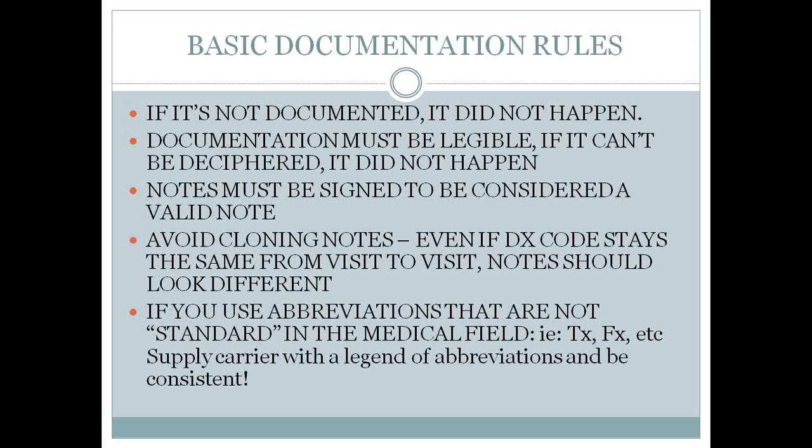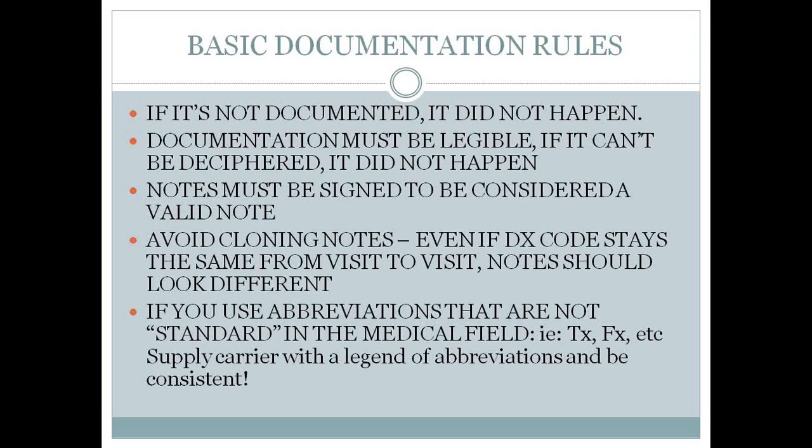Most of the time, the insurance carrier will process those claims. Won't be a problem. However, occasionally, they're going to do the same thing that the IRS does. They're going to come back and send you a letter that says, prove it. Prove what you did.